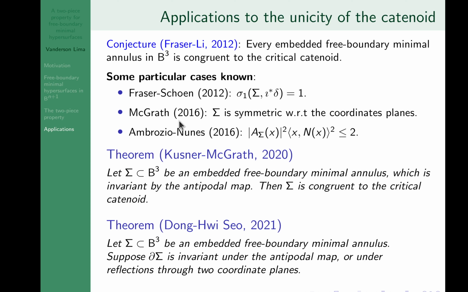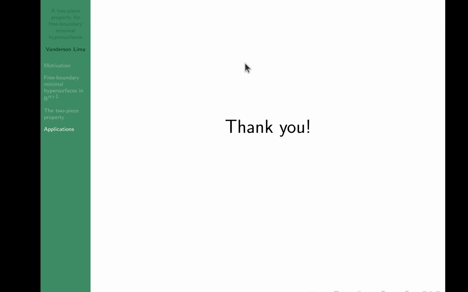So if the boundary is invariant either under the antipodal map or under reflection through two coordinate planes, then we can obtain that it is actually congruent to the critical catenoid. So the two-piece property was actually useful to prove some results in the theory. Okay, thank you very much for your attention.